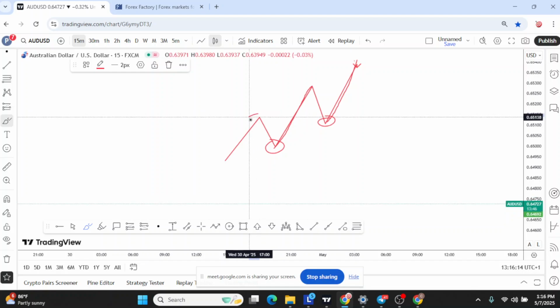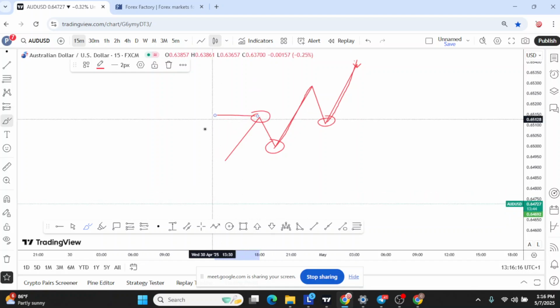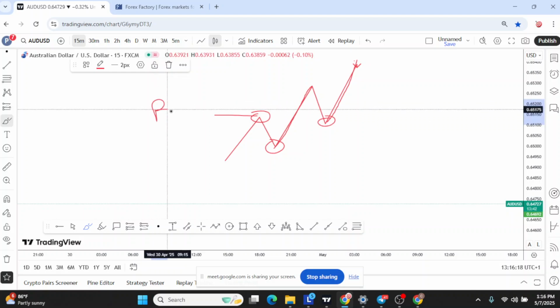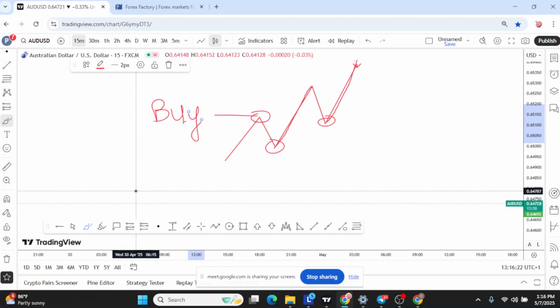You don't want to trade when price is at the peak. Trading a buy at this region is wrong. With the help of market structure, that is why we know it is wrong. It is not a better point to be buying. You want to buy when price drops lower.